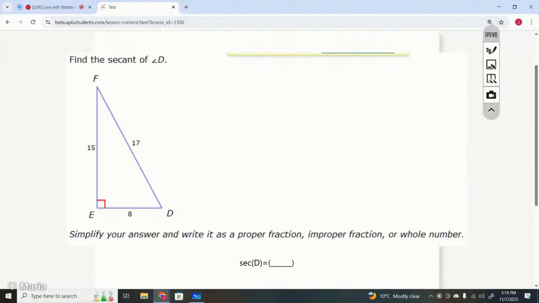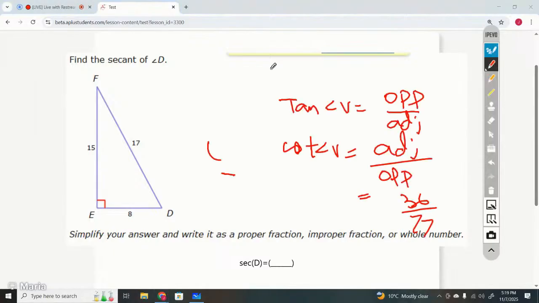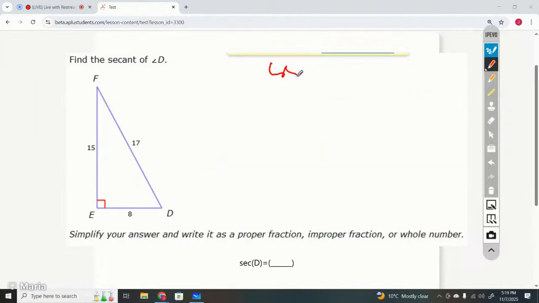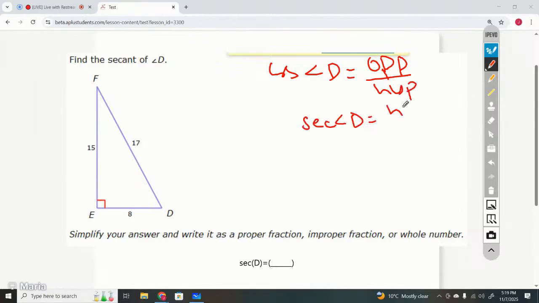What is the secant of angle D? So secant is the reciprocal of cos. So cos of angle D is opposite divided by hypotenuse, right? So then secant of angle D is hypotenuse divided by opposite. Here is angle D. That is 17 over 15.